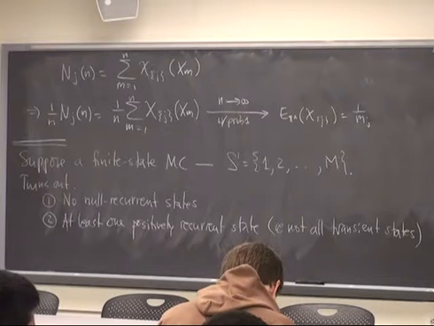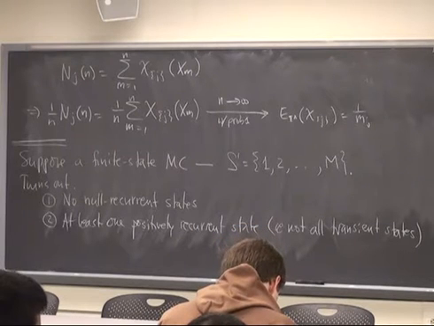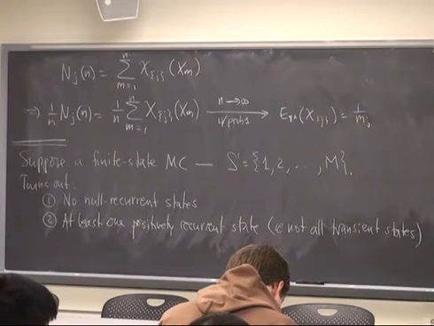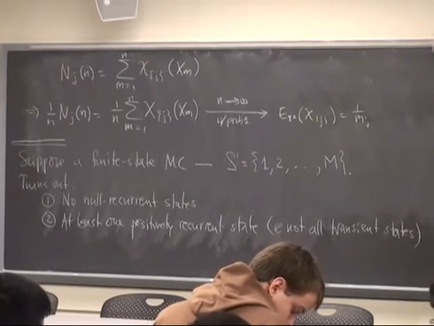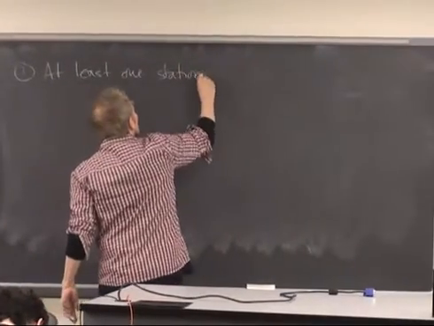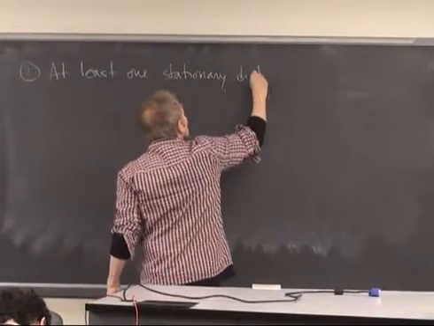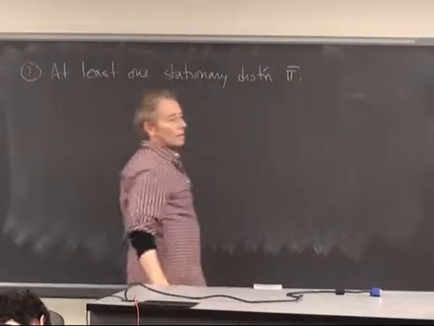Now, because of 2, we have item 3, you have at least one stationary distribution, pi bar. How come?